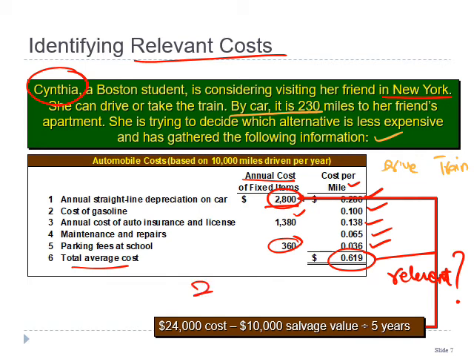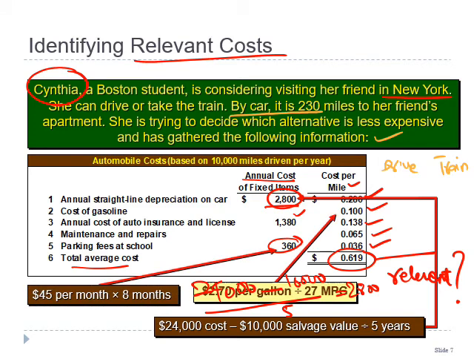We know that she purchased this car for 20,000 and she can sell it at 10,000 after 5 years. So you divide it by 5 years, the answer is 2,800. That is also a simple straight line method of calculating depreciation. I hope you already learned it in your principles of accounting.